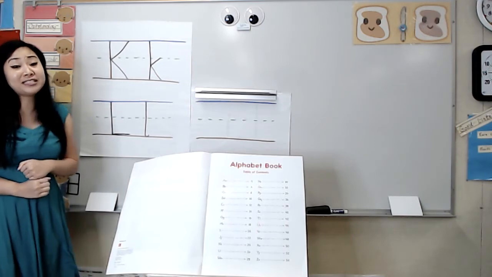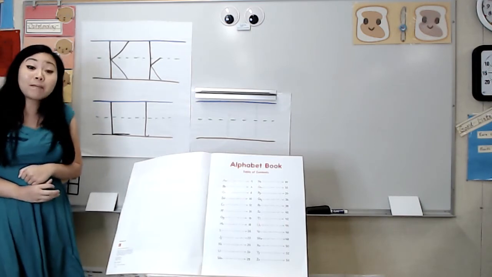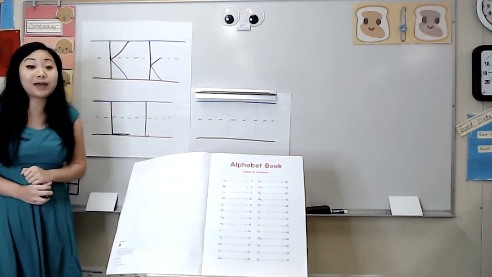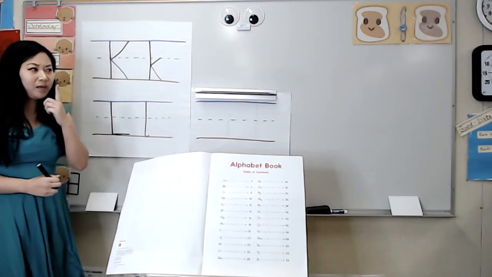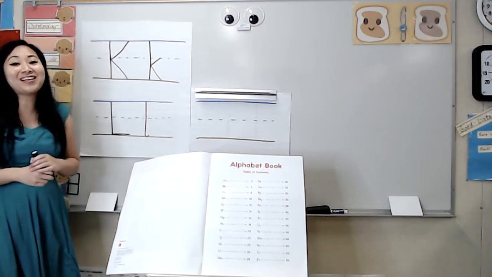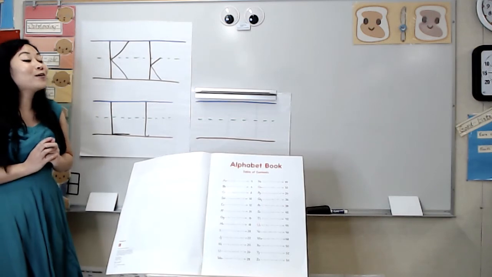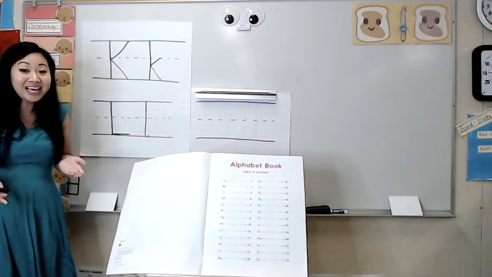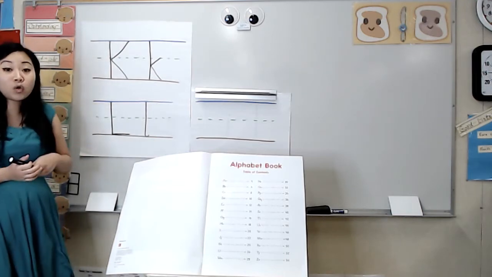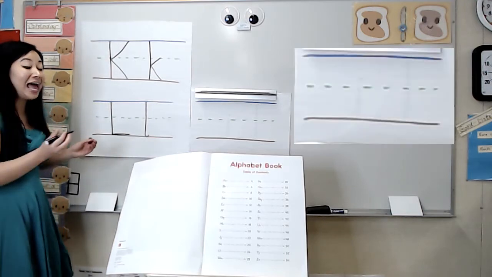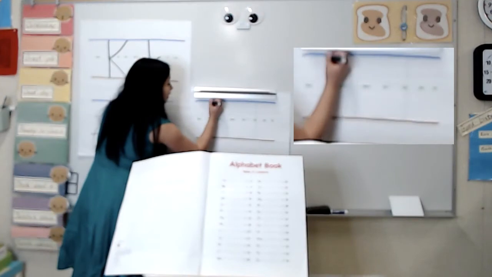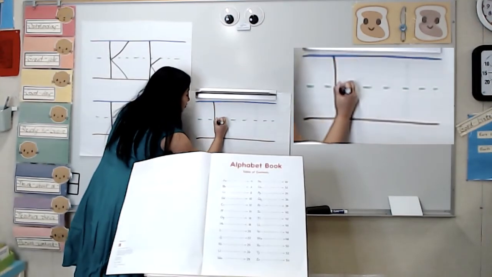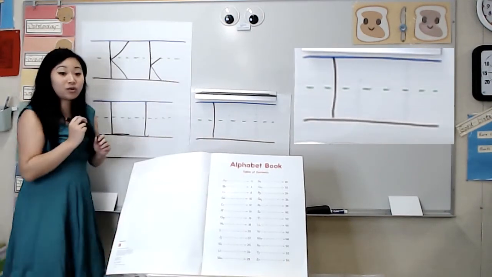I do have to tell you something though. Remember yesterday how we talked about the letter, what letter are we talking about? Oh, we were talking about the letter I. So for letter I, Miss G likes to put a little tail. And the thing is, you can actually also write the lowercase l like this. And it's also correct.